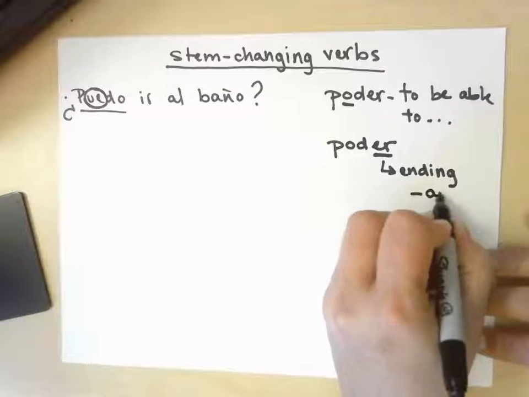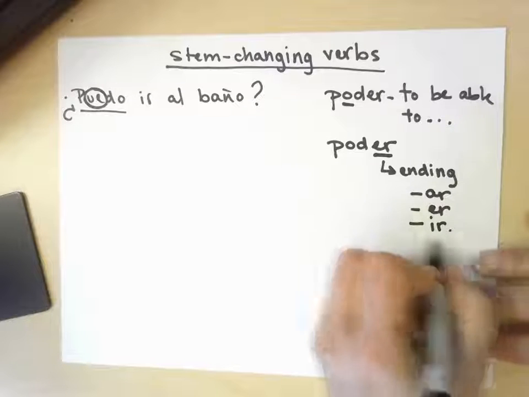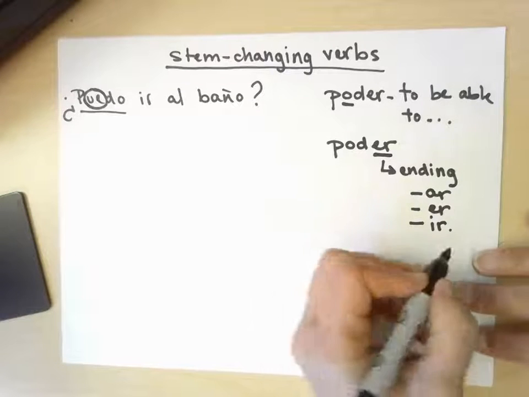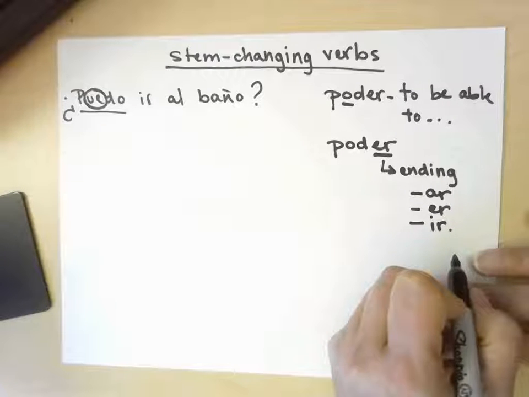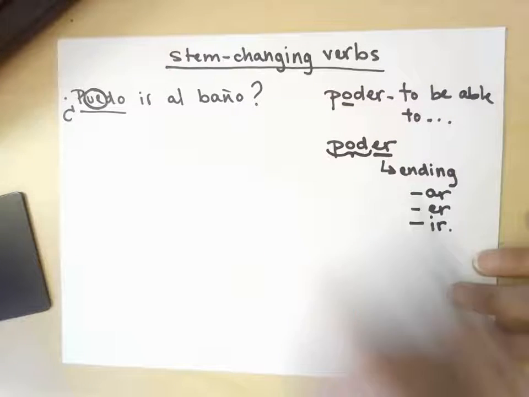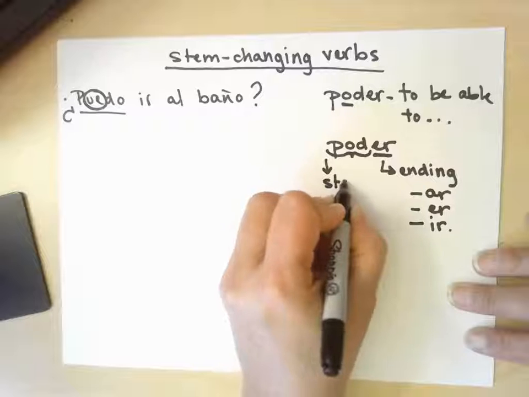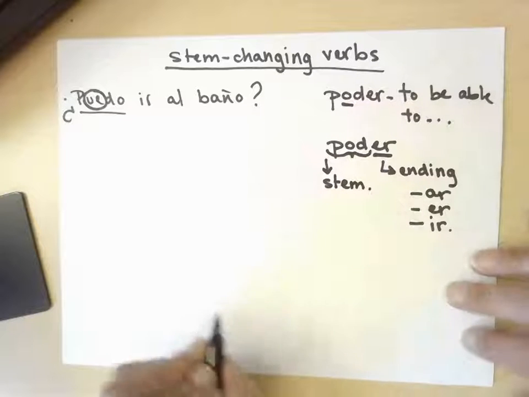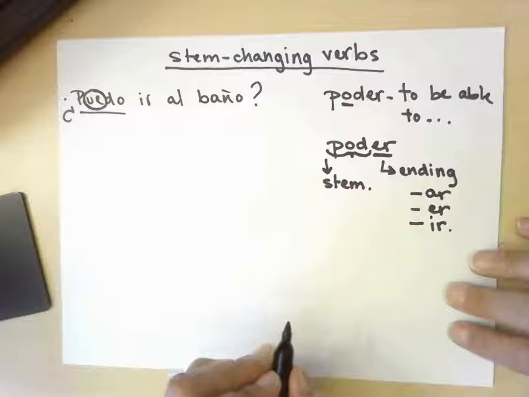They either end in AR, ER, or IR. And depending on the ending is how you conjugate it, how you change it to fit the person you are talking about. But when we look at this part, the part that comes before the ending, that is called the stem. And there are a whole bunch of verbs in Español that have some sort of change in the stem.